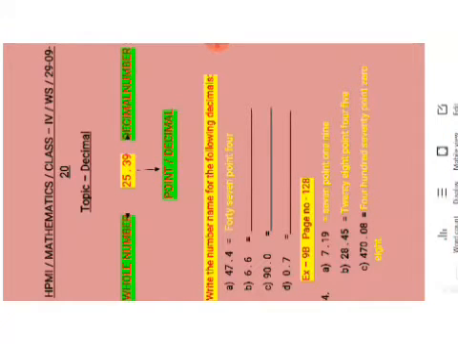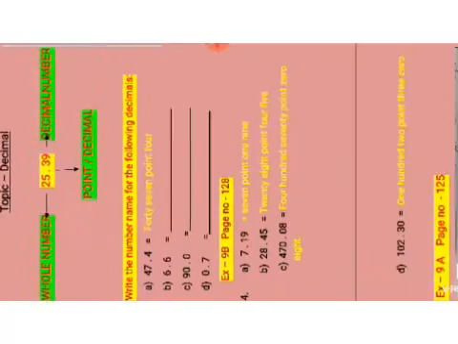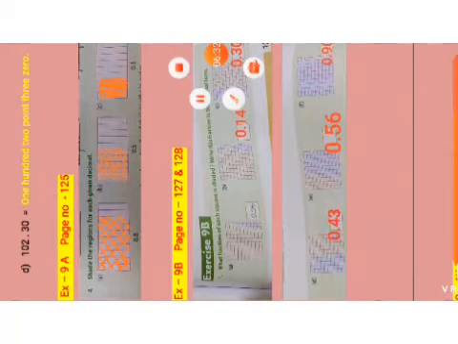Now, next question to you only. You will tell me the answer, number D. Don't look at the answer. Tell me the answer. Yes, it is 102.30. Don't say thirty. If you say it is thirty, your answer will be wrong.